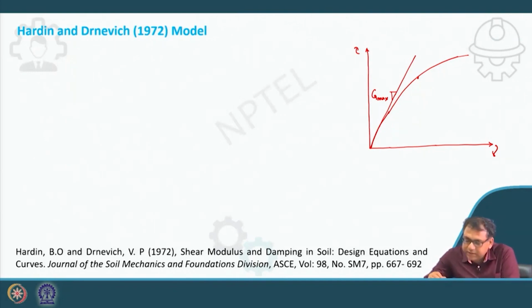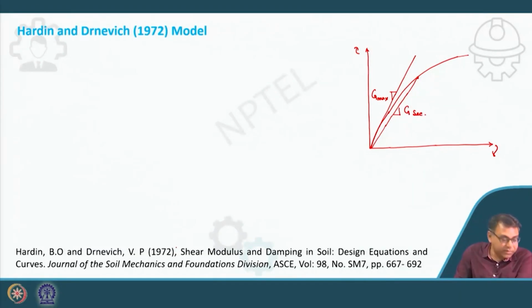If I want to take an equivalent linear approach, then at any point, if I want to determine the G value, I have to join this point and the origin, and the slope will give me G secant.